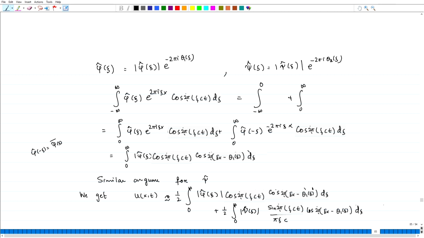So, this is the solution of the wave equation u of x t.